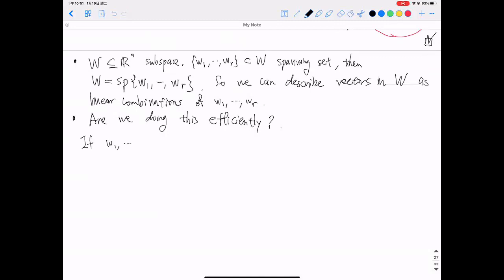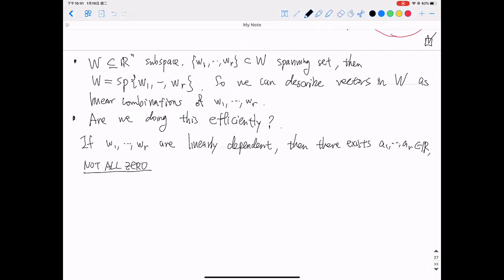If W1 through WR are linearly dependent, which by definition means that there exist, let's say, A1 through AR, real numbers, such that the linear combination A1 W1 plus A2 W2 plus and so on plus AR WR is 0.